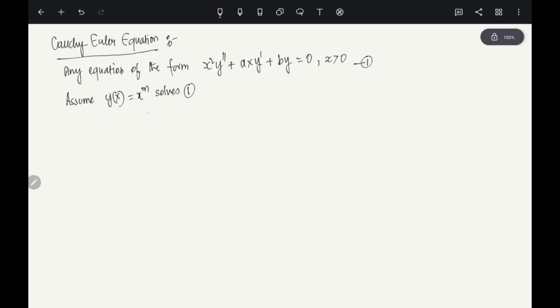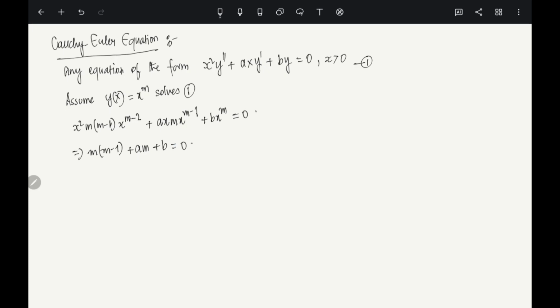Then you can calculate y prime and y double prime and put them in. What we are going to get is x square m times m minus 1 x power m minus 2, plus a x times m x power m minus 1, plus b x power m equals 0. That will imply m times m minus 1, plus a m, plus b equals 0, because x power m, with x assumed positive, is never going to be 0.